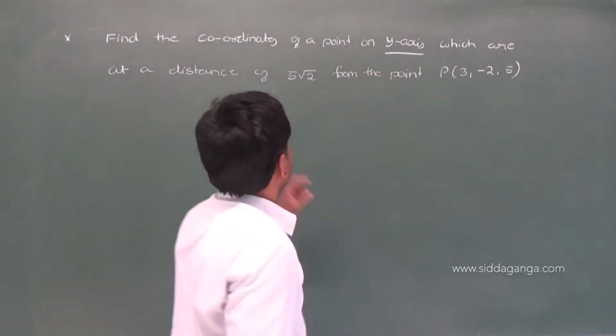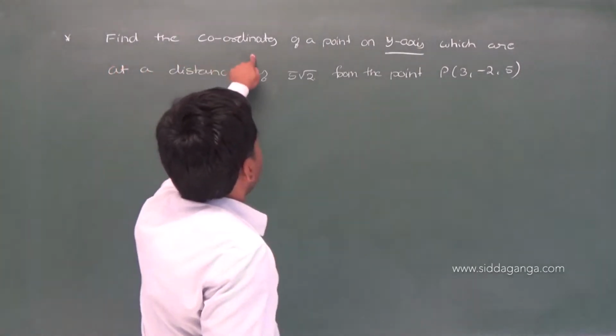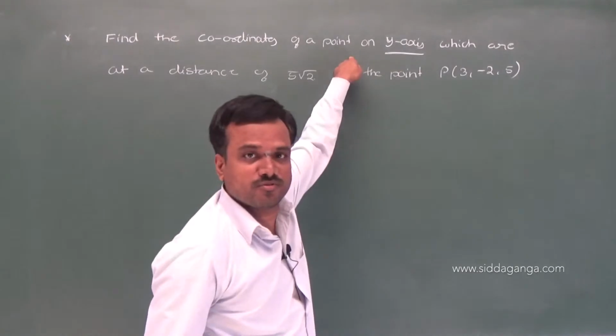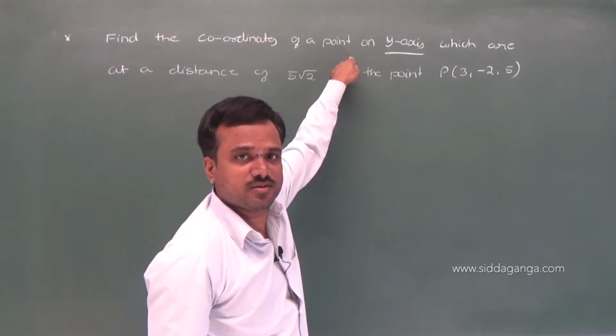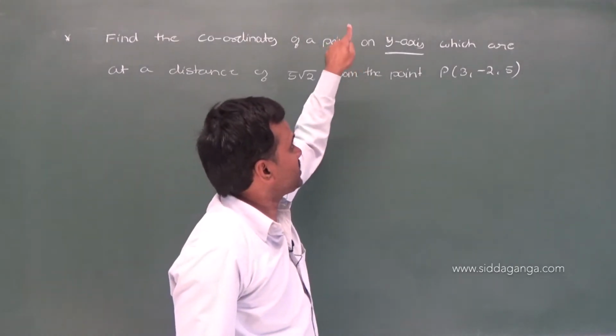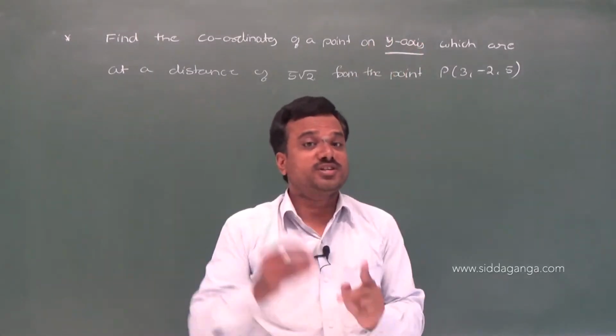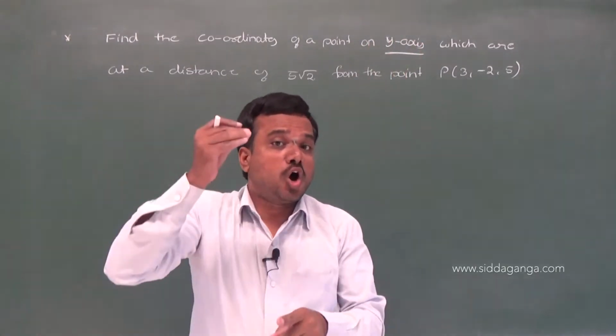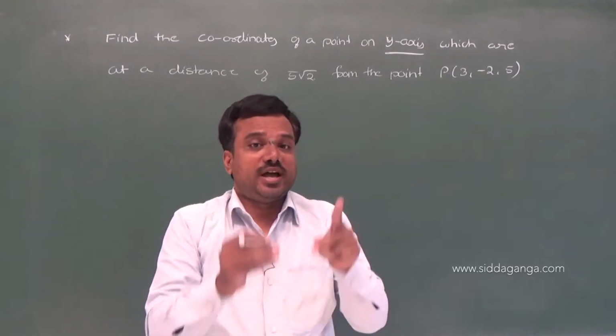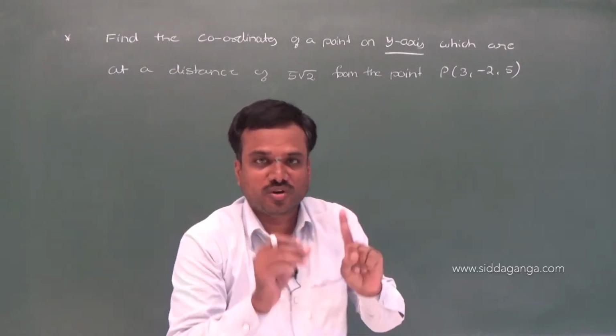Observe carefully. Find the coordinates of a point. That point lies on y-axis. We discussed in the first class: on y-axis, x coordinate is 0, z coordinate is 0.